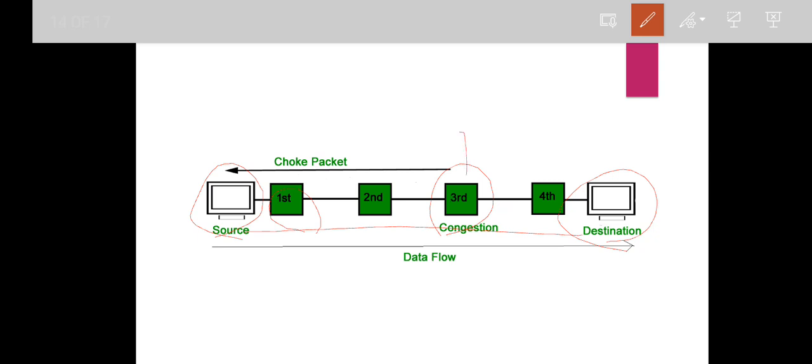This router directly sends a message to the sender that it is facing congestion and to slow down sending packets. In back pressure, it sends the message to the upstream router, which then sends it to the next upstream router, until it reaches the sender side.